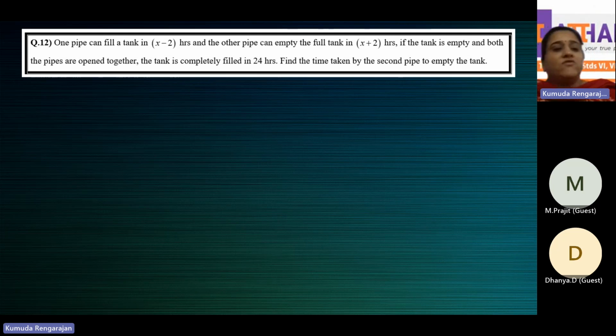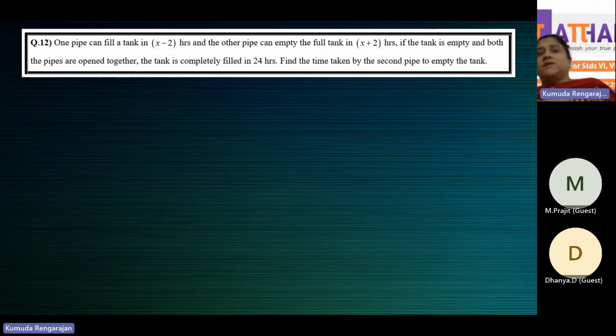So one pipe can fill a tank in x minus 2 hours. If the tank is empty, it can fill it in x minus 2 hours when this pipe is working alone. Now, if this pipe is not working, the other pipe can empty the full tank. Supposing the tank is full now, the other pipe can empty it in x plus 2 hours.